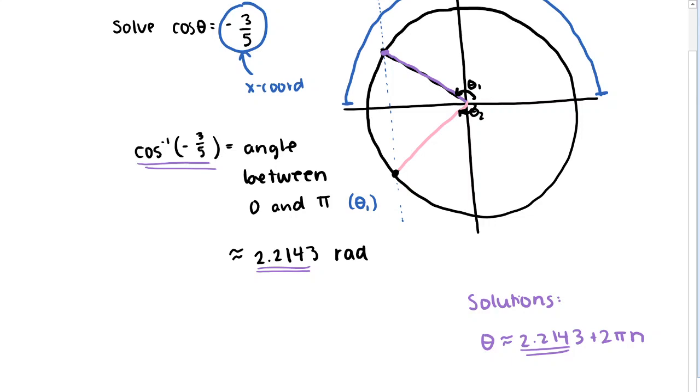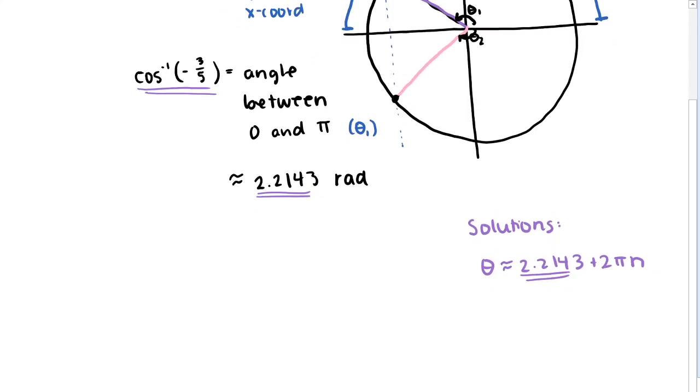And so I know that theta 2 being the negative of theta 1 would give me that same -3/5 as a result. If I'm saying that it's the angle between 0 and negative pi, it would just be -2.2143.